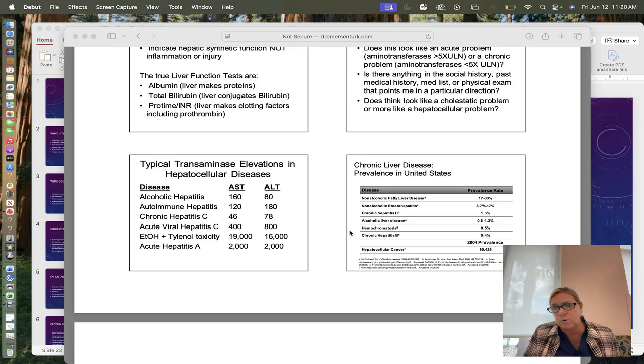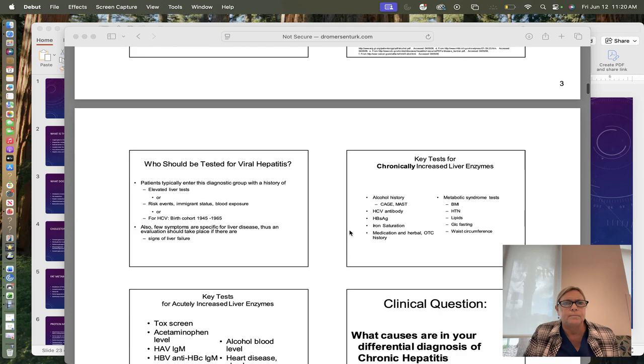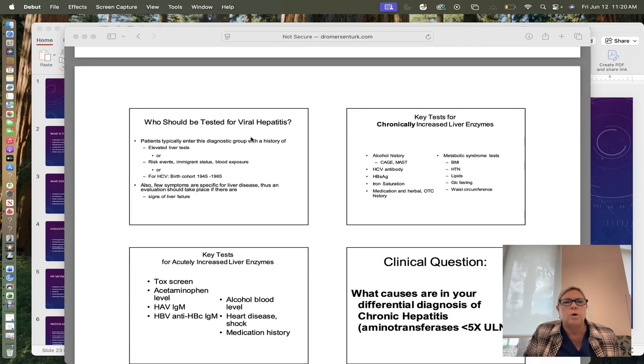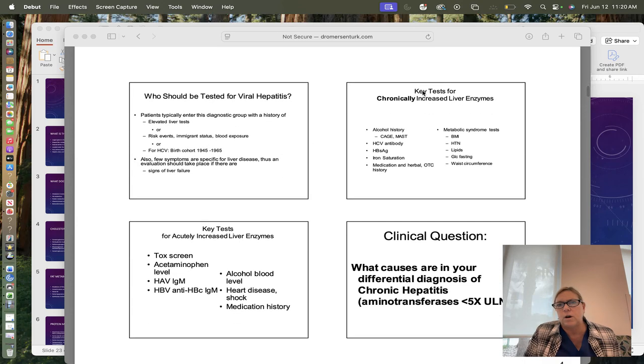In 2004, it recorded 19,000. Okay, so these are the different things. So key tests for chronically elevated liver enzymes: if we see them elevated all the time, we're going to think of somebody that may have some kind of group where they're at risk.